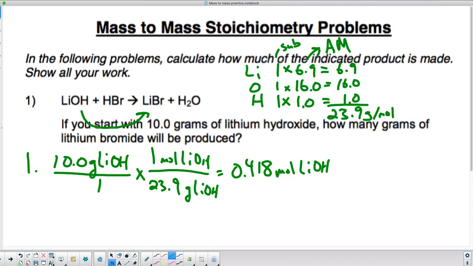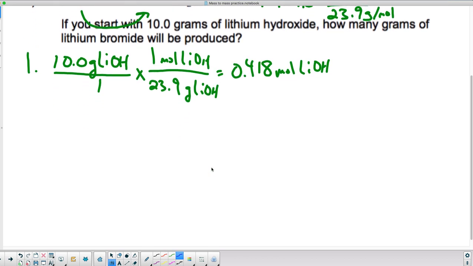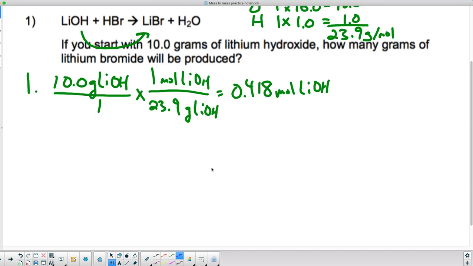Now, once I get that, I can now continue on to the next. I'm going to use blue for step number 2, and I need more room here. So let me pull this down. There we go. Next, my step is to change the moles of lithium hydroxide to moles of lithium bromide.